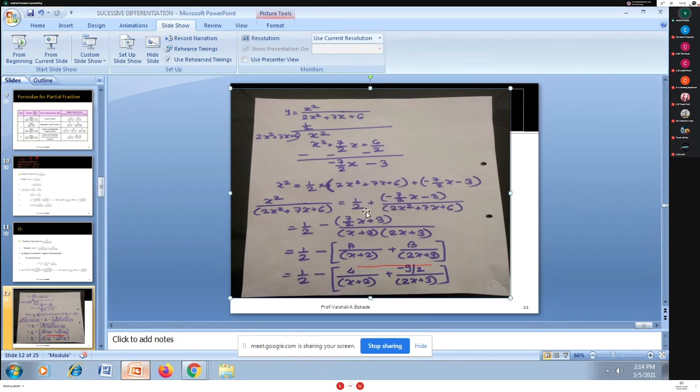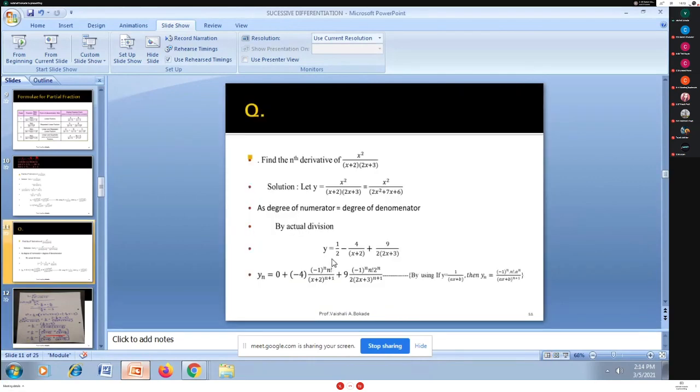That term has degree of numerator less than degree of denominator. For that term, I will apply partial fraction, and again I rewrite my function y in proper form: a constant plus or minus some constant upon x plus b, or sometimes numerator upon x plus b raised to m.